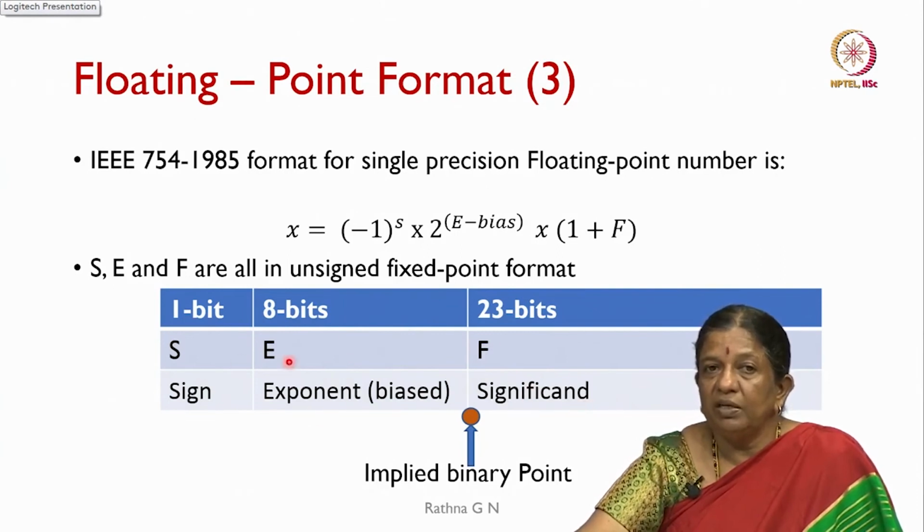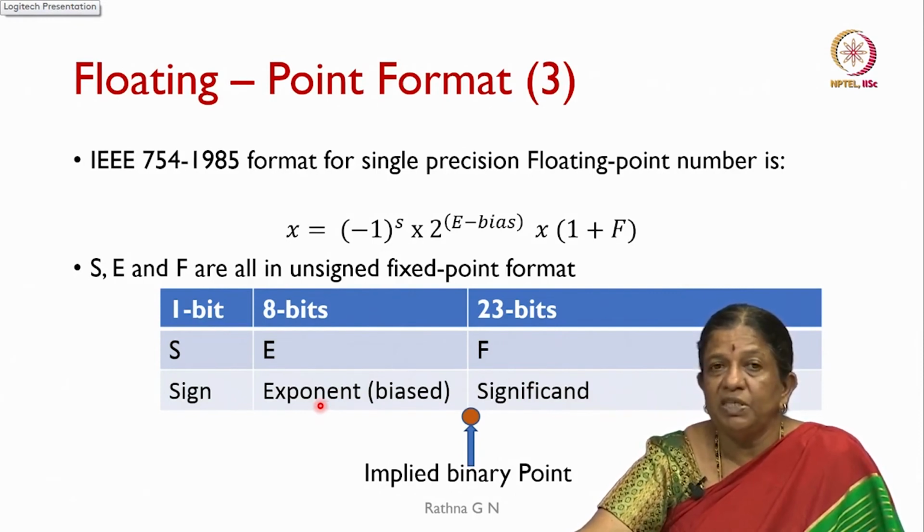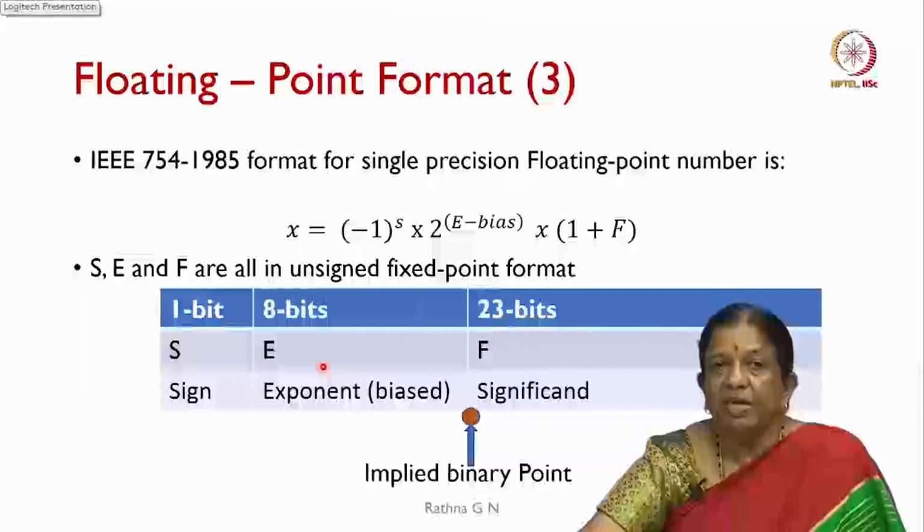You will be wondering why the exponent is biased, because the exponent could also be represented as positive and negative. I am not allocating any bit for the sign, so we do the biasing to avoid a positive or negative number representation for the exponent.